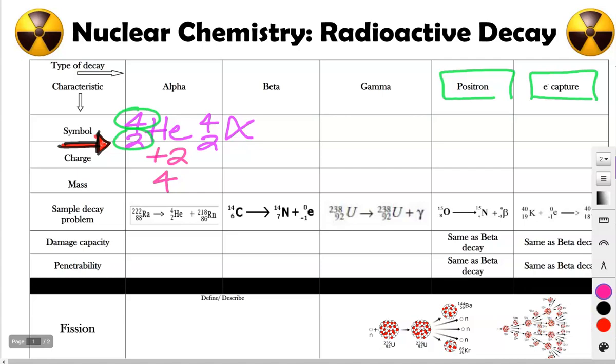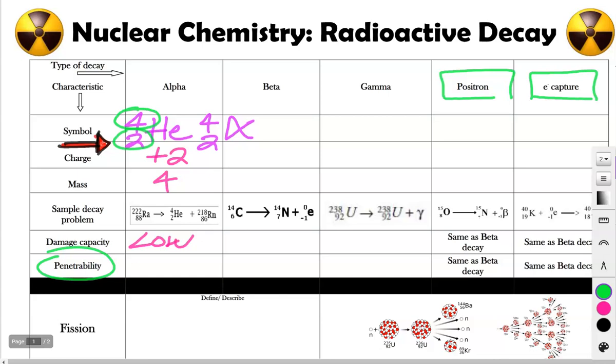And then down here, you can see there's some other concepts. Damage capacity. The damage capacity for the alpha we're going to say is low. So alpha particles are not particularly dangerous in terms of radiation. And what can you block them with? This word penetration, or how much can they penetrate, we're talking about what can the particles go through.